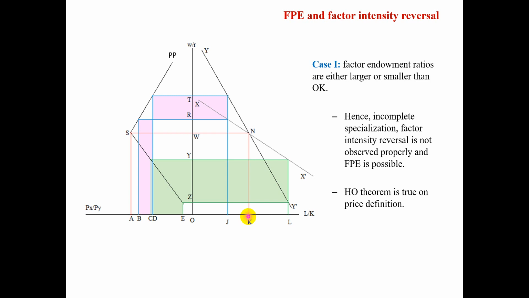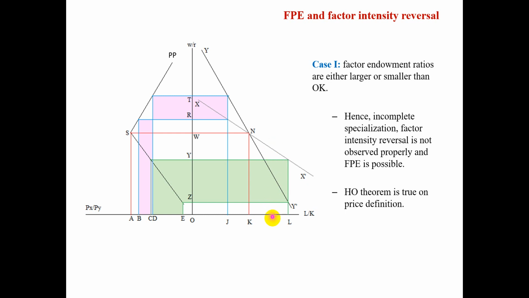Now, suppose both the factor endowment ratios are greater than OK. So suppose one's endowment is here and another's endowment is here. So even if there is factor intensity reversal, this is not experienced by the two countries. Whatever be the actual case, they are lying in this region.